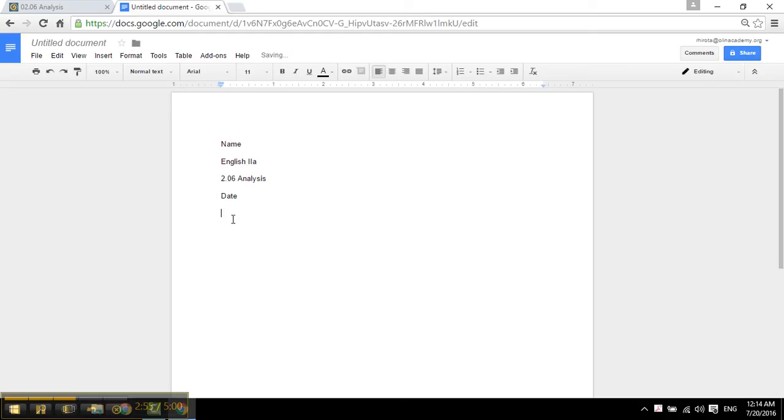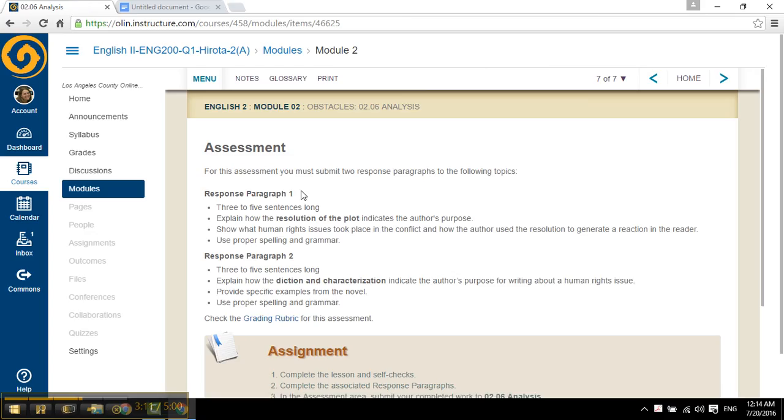So please do that. Now, on this particular one, you have your name at the beginning, the class, which is English 2A, and then 2.06 analysis and the date. And then there's 2 sections to this, if you'll remember. The first is response paragraph 1, and the second is response paragraph 2.